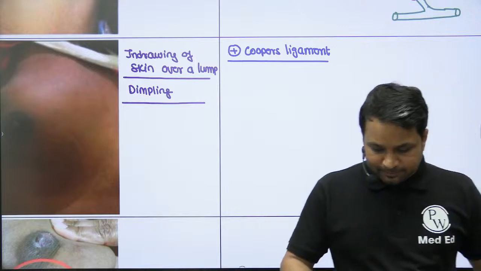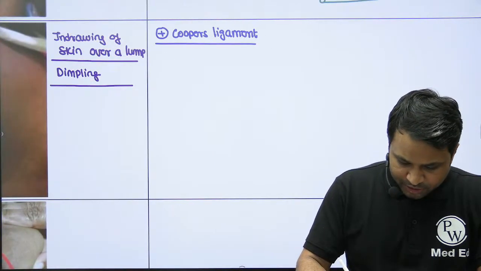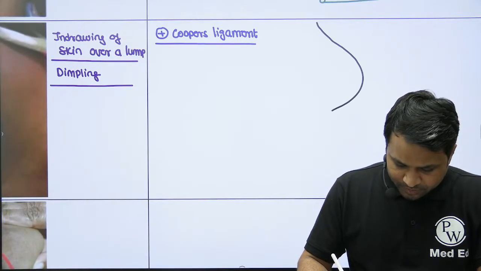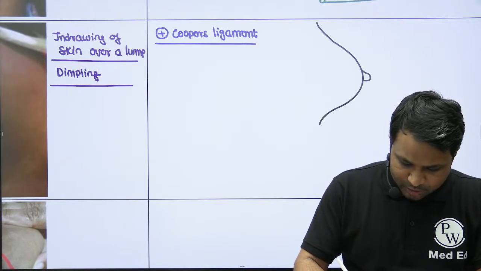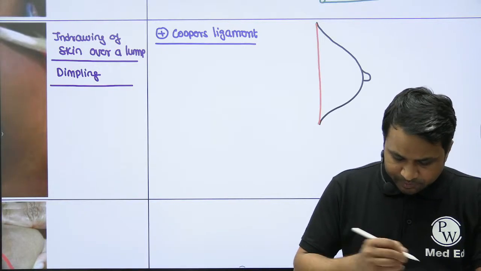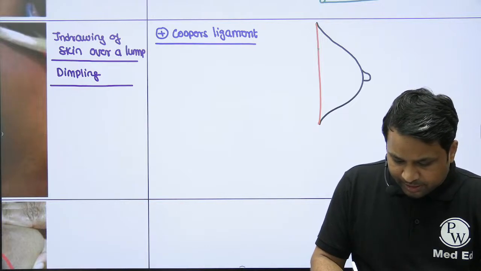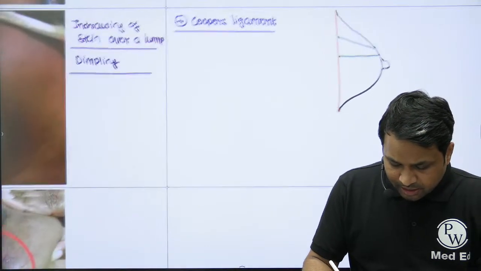So Cooper's ligament, if you look at the basic representation, if this is a representation of the breast, just for the sake of understanding, this is the nipple, and let's say this happens to be the pectoralis fascia, right? Now we have Cooper's ligaments, which are running in this particular fashion.